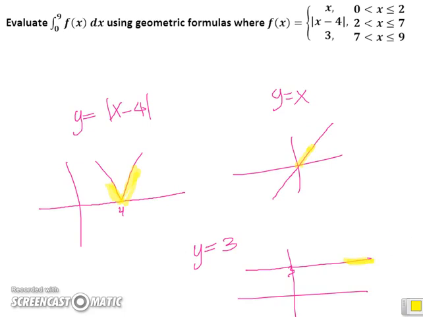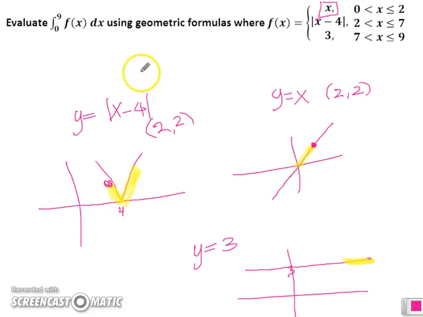And you can always see if they connect by plugging points in. When x equals 2, that's when this one stops. So when x equals 2, y equals 2, there's a point at (2, 2), and that happens right here. And when this one starts, when x equals 2, y also equals 2.